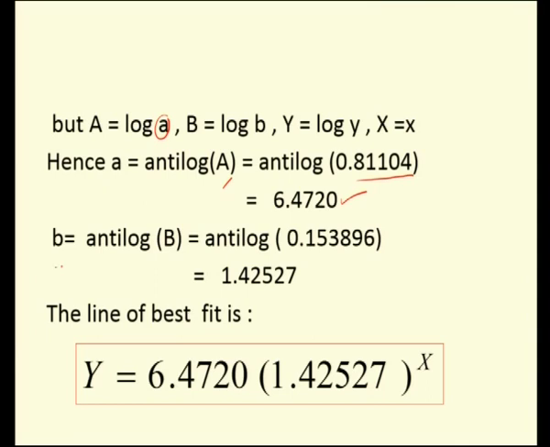Similarly, small b is nothing but the antilog of capital B. My capital B is this, and taking the antilog gives 1.42527. Hence, the line of best fit is y equal to 6.4720 into 1.42527 the whole power x. That is, I have estimated the parameters a and b for the curve.